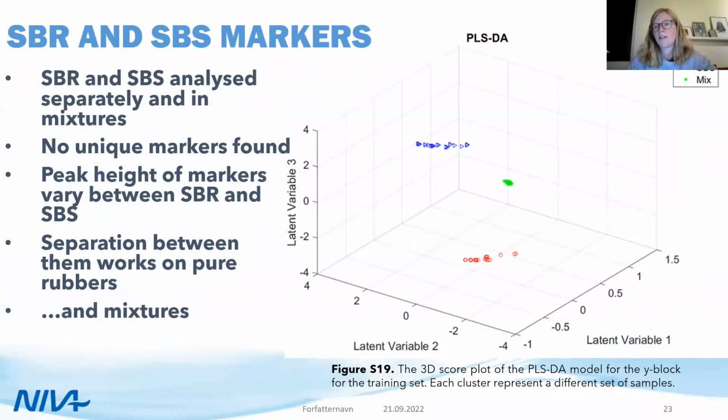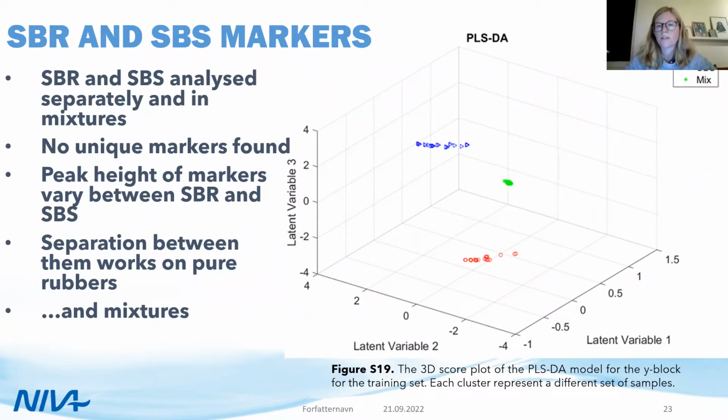We did not find any unique markers when we did this, but we did find that the peak height, the intensity of the different pyrolysis products or markers, varied between SBR and SBS.